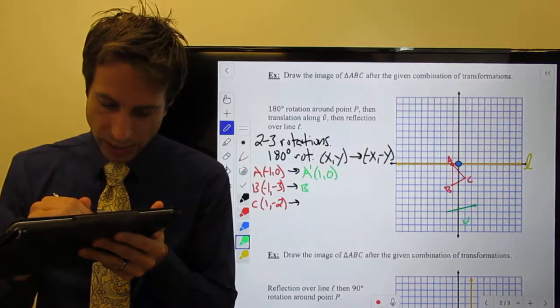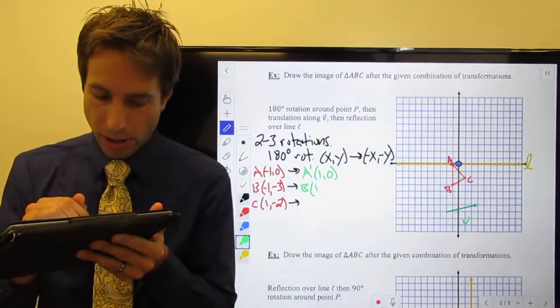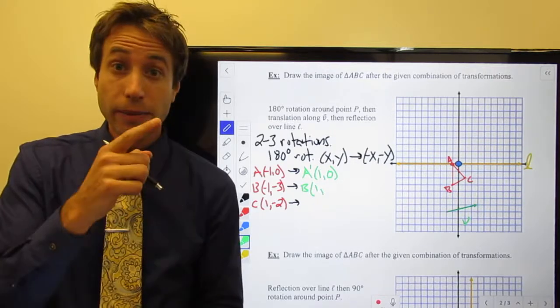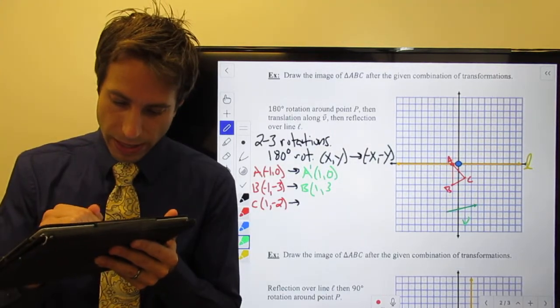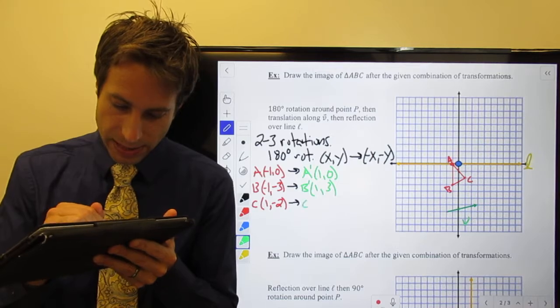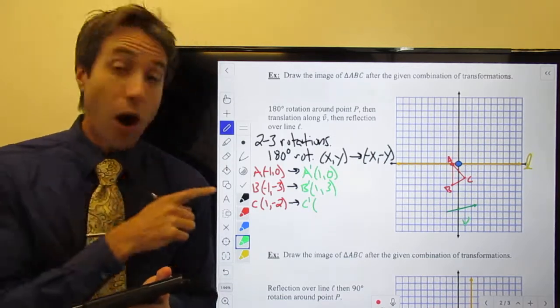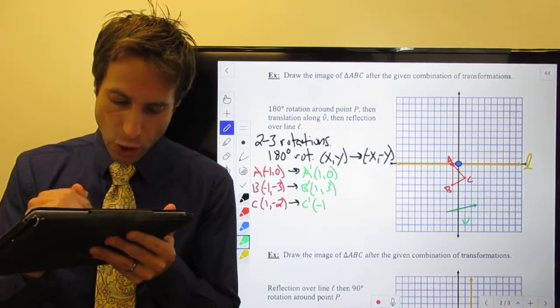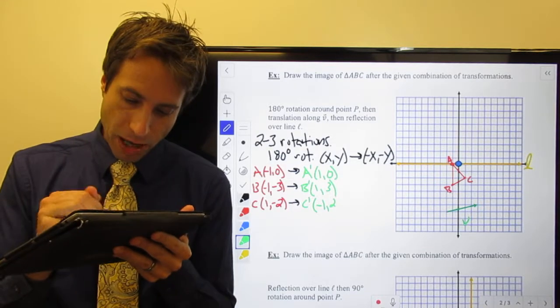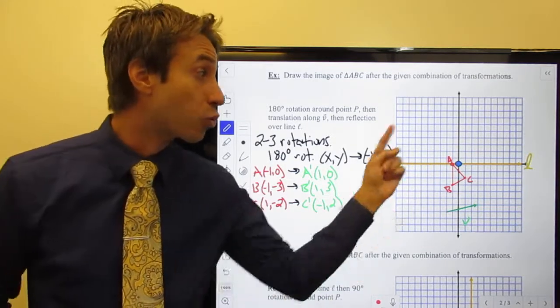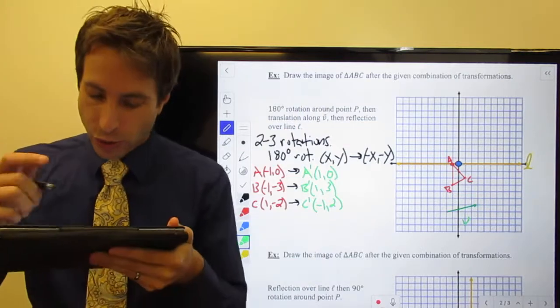B, switch the signs. It was a -1, so now it'll be a +1. Was a -3, so now it'll be a +3. So that's going to be my B prime. C prime, +1, so now it'll be a -1. Was a -2, so now it'll be a +2. Let's go ahead and graph our 180 degree rotation.